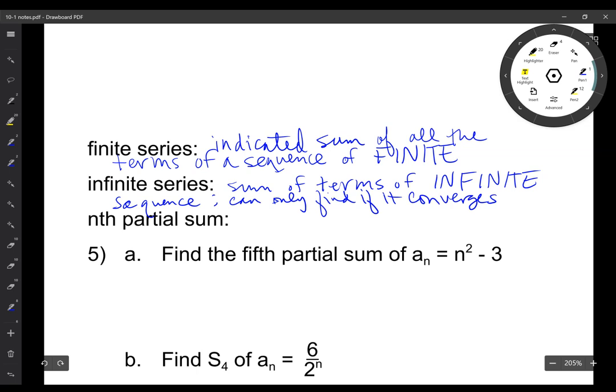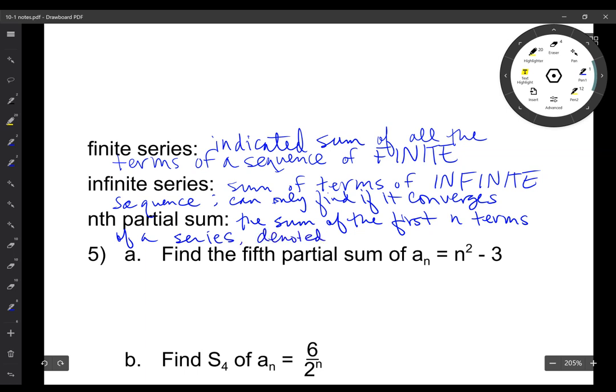And then partial sums are when we just add the first n terms of a series, and we would call that S sub n. So for a partial sum, you might find the sum of the first 10 terms or the first 20 terms.